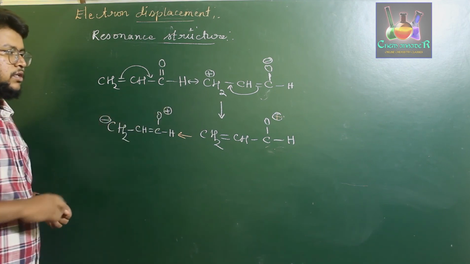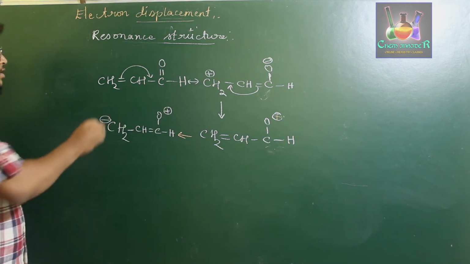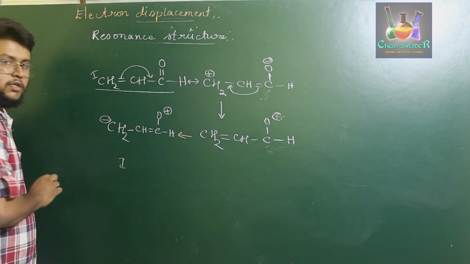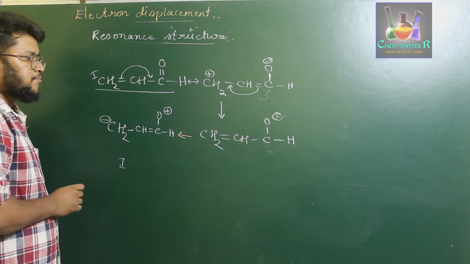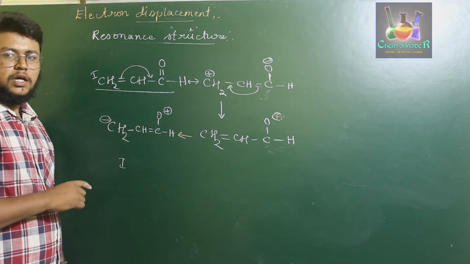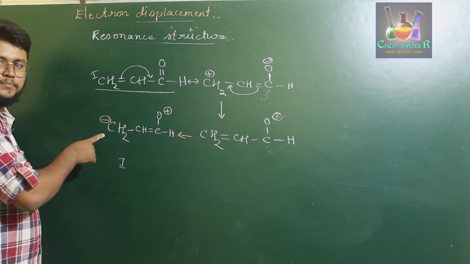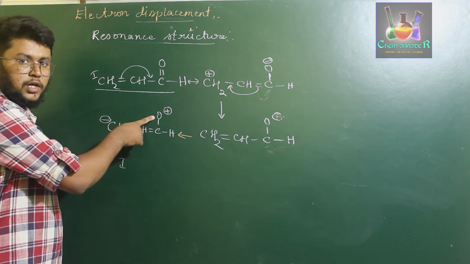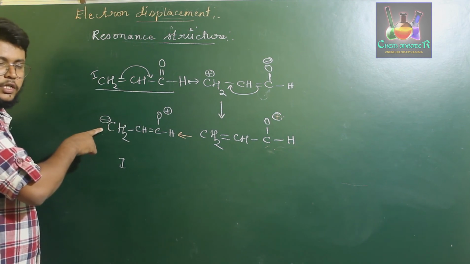Out of these four structures, the most stable structure is this one, because this is the first structure. The first structure will be the most stable, and the least stable will be this, which carries a positive charge on an electronegative element and a negative charge on an electropositive element.